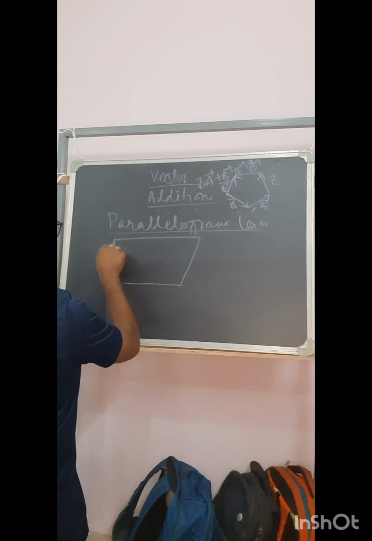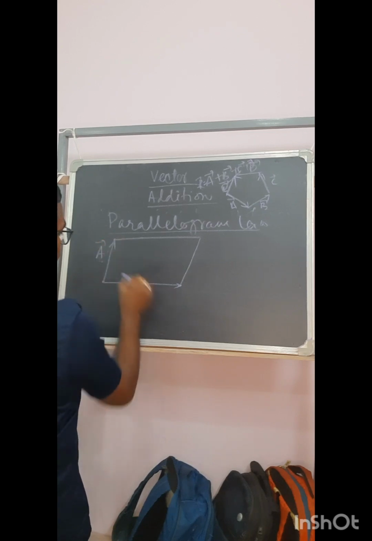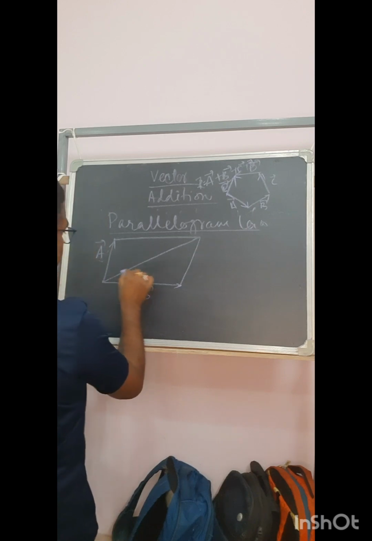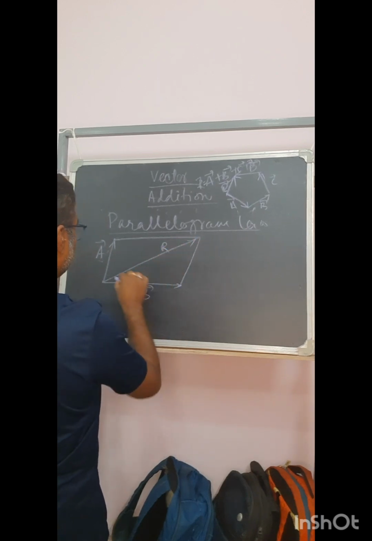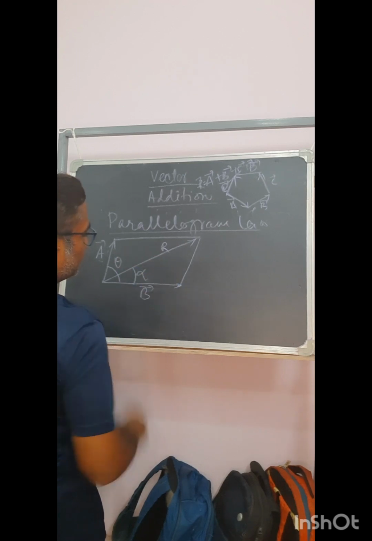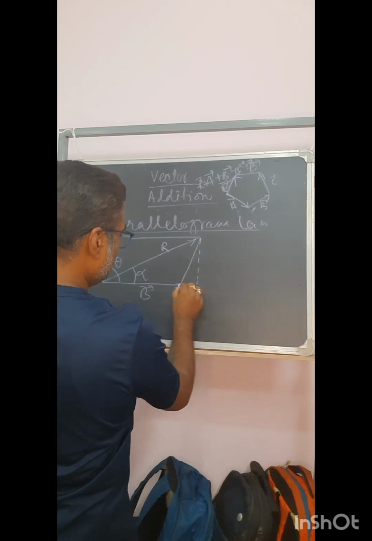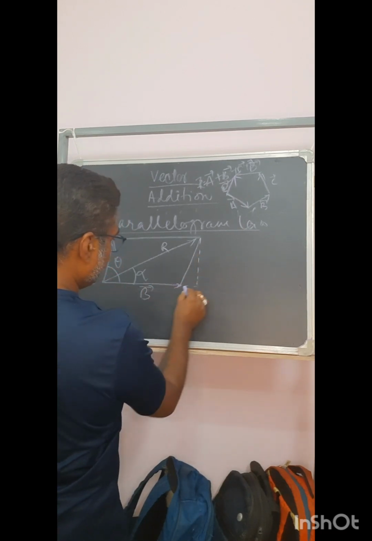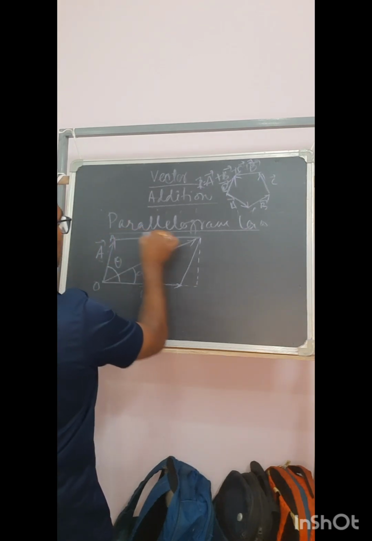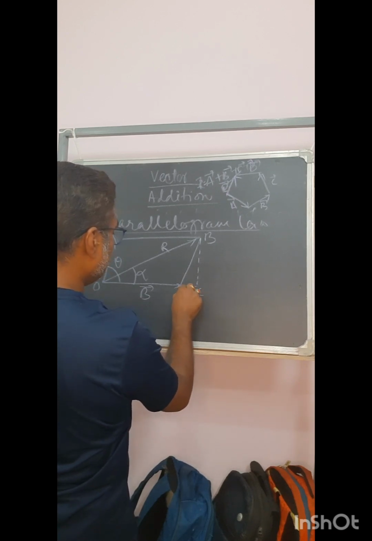This is vector A, this is vector B, and this is resultant R. This angle is theta, and this angle is assumed to be alpha. Now I will drop a perpendicular on the extension of this vector. I will name the points O, A, B, C, D, let's say.